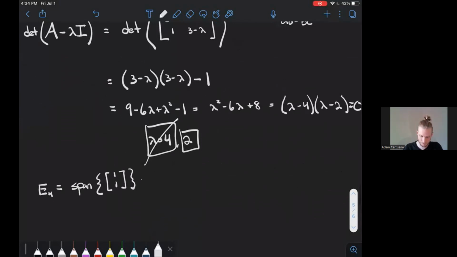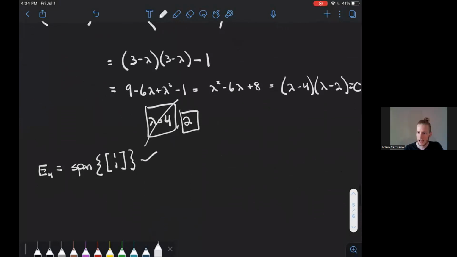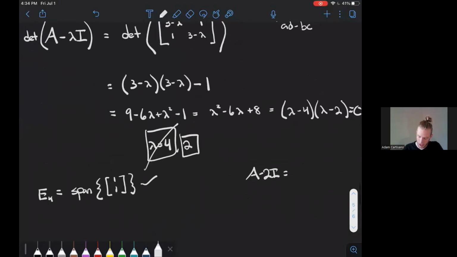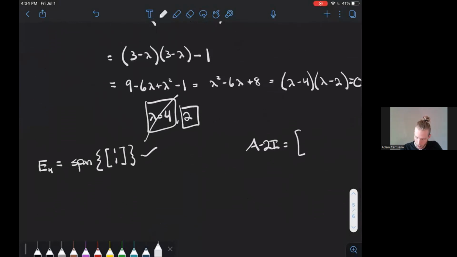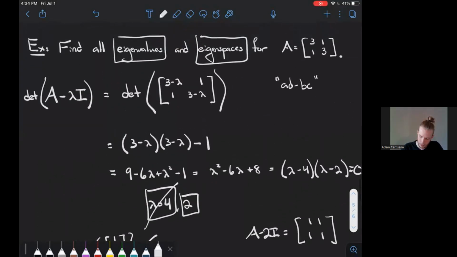We already did that computation. And by the way, E2 is going to be similar. So A minus 2I is a great matrix, 1, 1, 1, 1, because you just do this but plug in lambda equals 2.